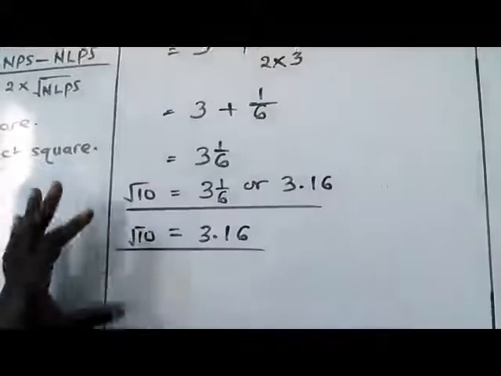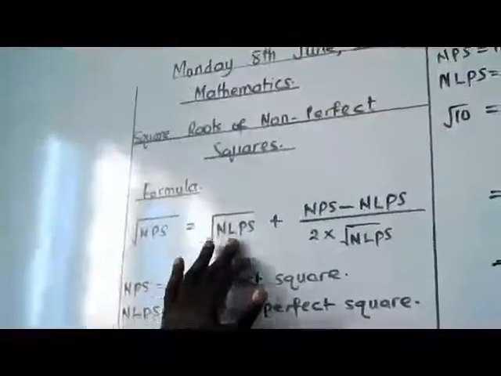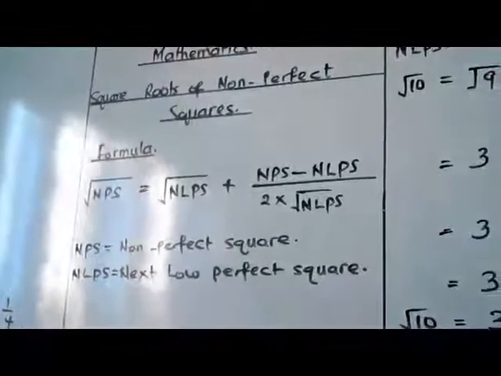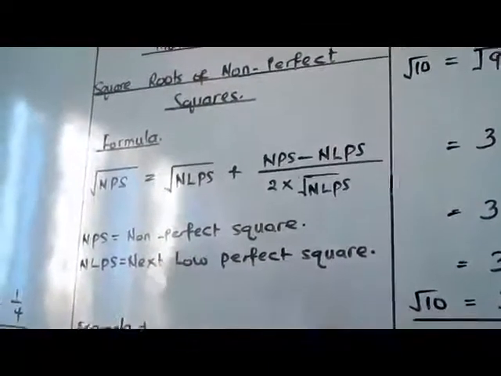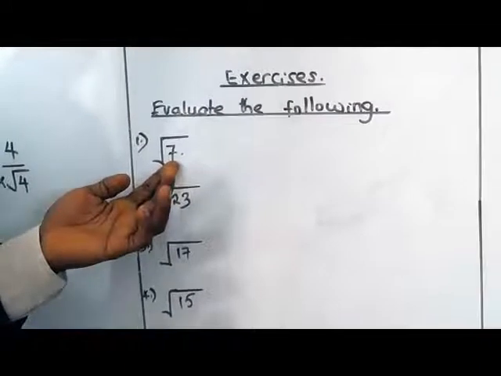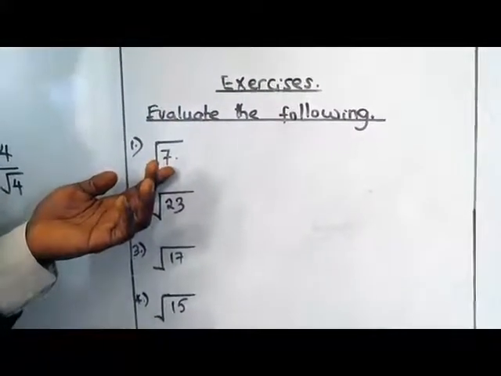Alright, I hope this is very clear to everybody. It's just two things you need: the non-perfect square and the next lower perfect square. With those two, you can get the square root of any non-perfect square number, right? And we have the following exercises I want you to try your hands on. They are very simple. Remember, this is the square root of 7. Can somebody tell me what the next lower perfect square will be?